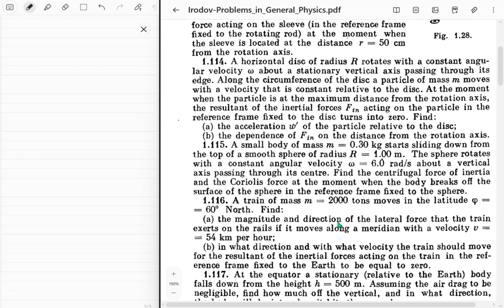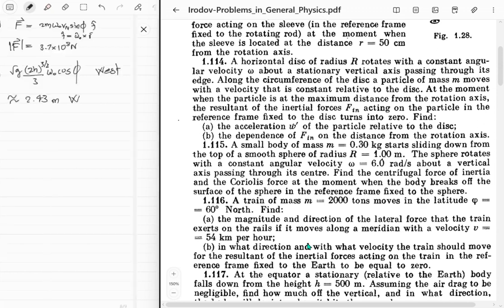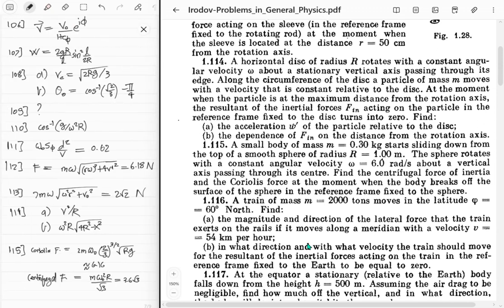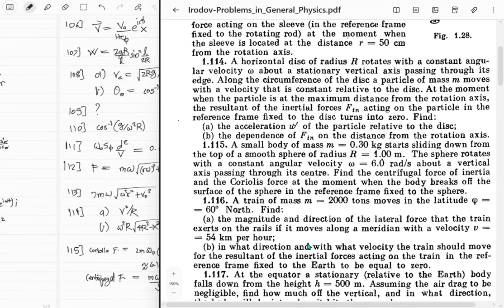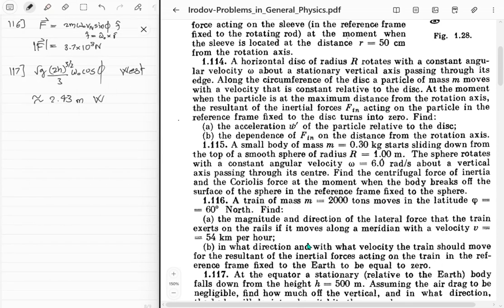So this is a train moving with some mass, latitude given. So 116, we actually found a formula for that, right? Where did it go? Yes, so the force vector, I mean the pseudo force vector, sorry.